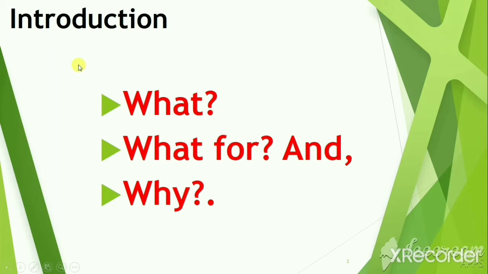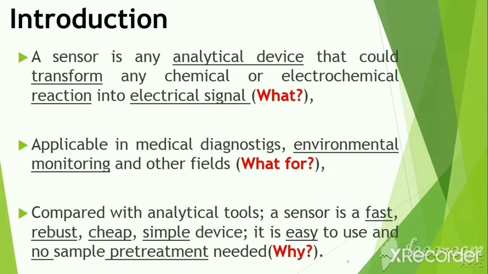To understand the subject better, we should ask three very important questions. What is a sensor? What is this sensor used for? And why are we interested in developing a sensor? So briefly, a sensor is any analytical device that could transform a chemical or electrochemical or biological reaction into an electrical signal.